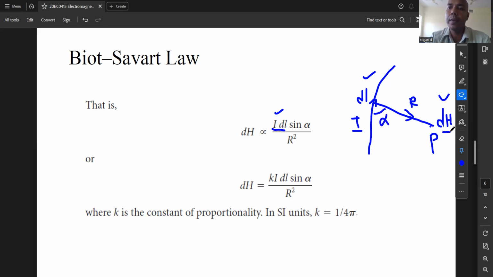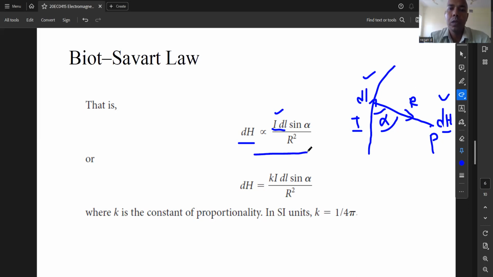So we can write what dH is as per the Biot-Savart law. dH is proportional to the product of I dL and the sine of the angle alpha between I dL and the point P. And dH, the differential magnetic field, is inversely proportional to the square of the distance, that is R square.